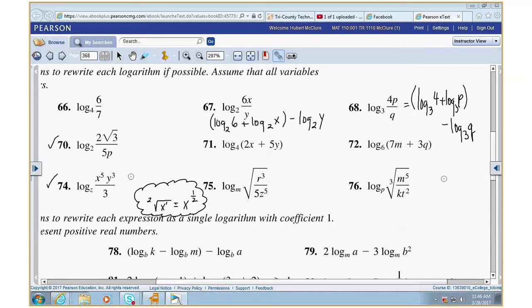So what's the cube root of x to the 5th power? How can I rewrite the cube root of x to the 5th power? X to the 5 what? 5/3. So always write down a couple of examples of those for radicals.